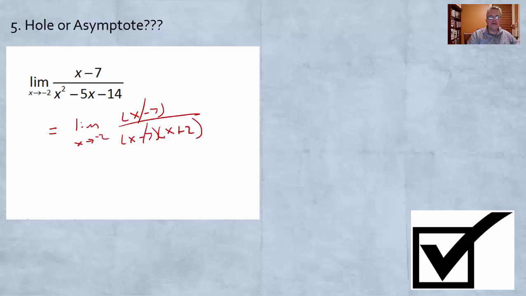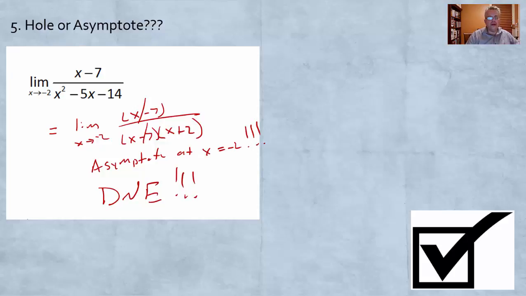That still cancels, but we still have an x plus 2 here, and when we put in -2, it's 0. We have an asymptote at x equals -2. So both functions, both the original and the simplified one, which would be 1 over x plus 2, have an asymptote there. So the limit does not exist.